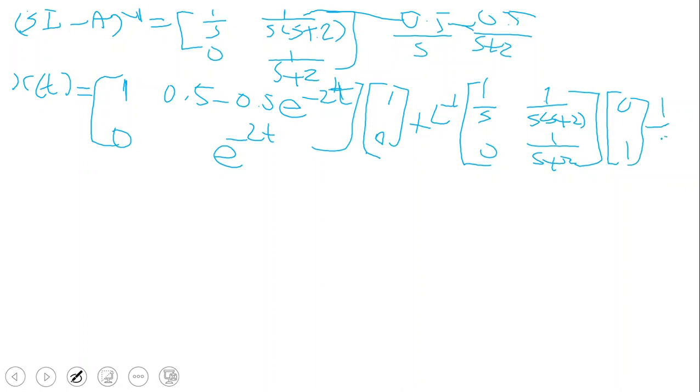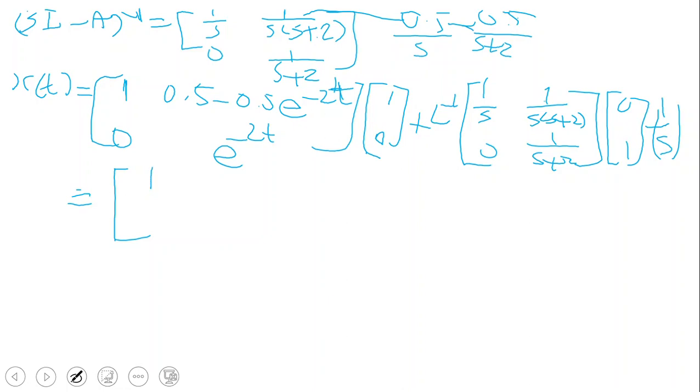What is U of s? For a step input it is 1 by s. So on simplification, what you get is 1 into 1 is 1 plus 0, 1.